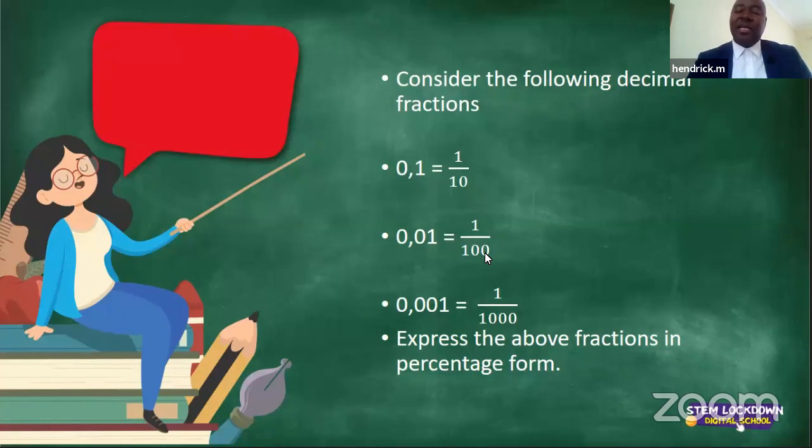Which means that the denominator now becomes 1,000. So you'll have 1,000 or 1 over 1,000. That will be your fraction. So in this case, this means that you have converted your decimal fraction into a common fraction.